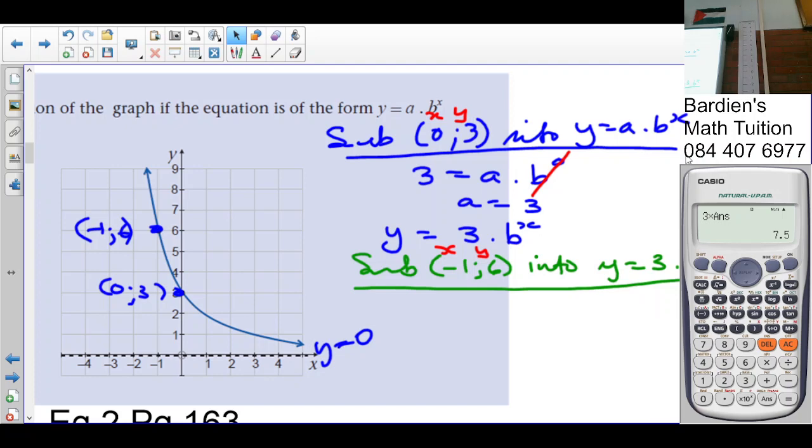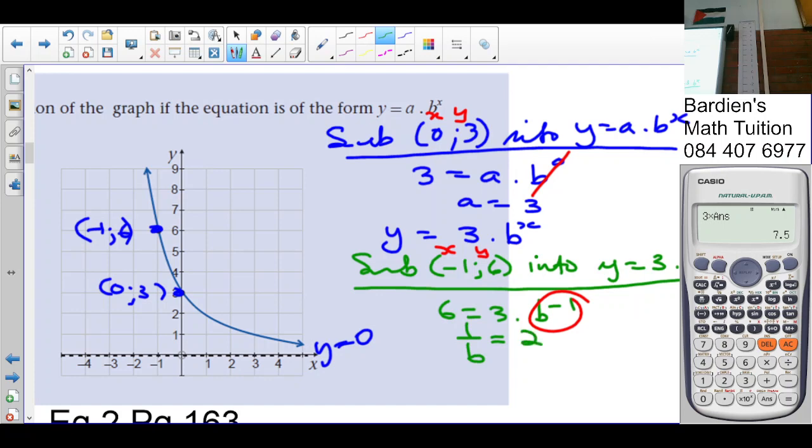So what do we have? 6 is equal to 3 times b to the negative 1. So what do I do now? Divide by 3 both sides. So b to the negative 1, which is the same as 1 over b, is equal to 2. And that's naturally 2 over 1.